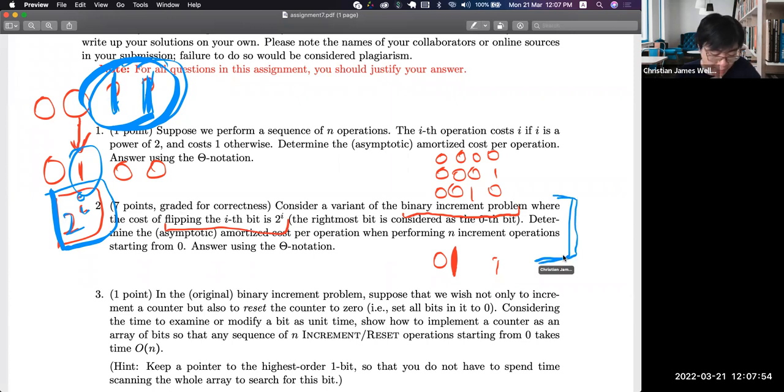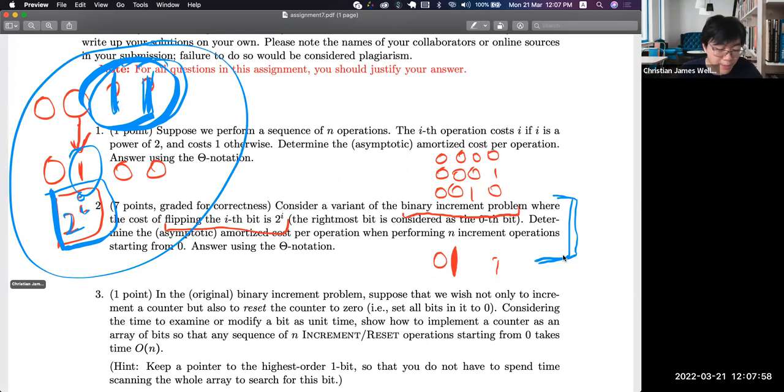So if you're asking about how to solve this in the accounting method and potential method fashion, maybe I'll have to get back to you a bit later, right? But to me, the aggregate method is one way you can more straightforwardly adapt this problem from lecture.